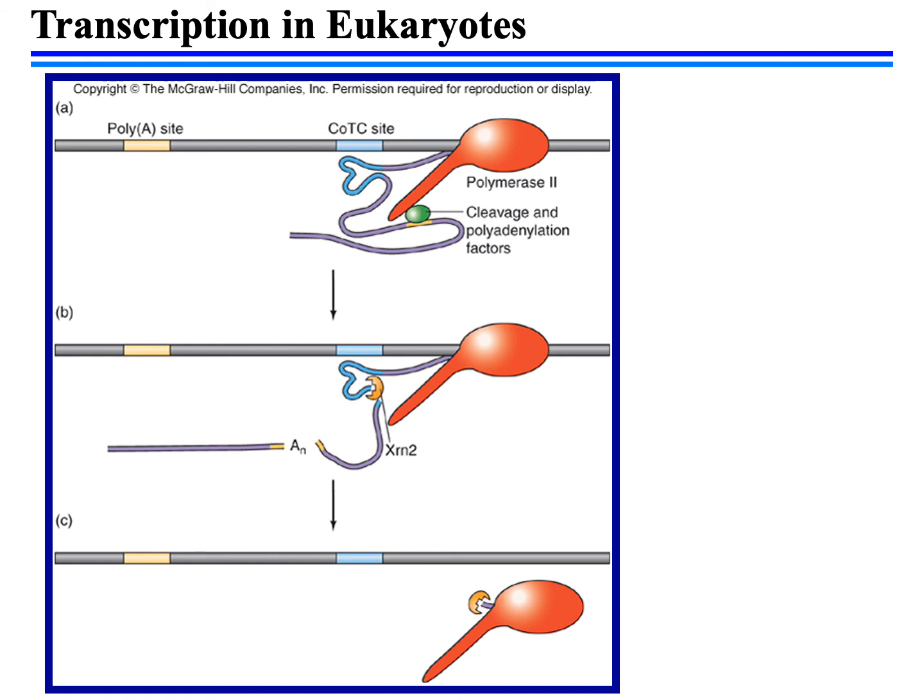In this figure, in panel A, you see the polyadenylation signal sequence in the gene. There's an additional signal sequence downstream of the poly-A site known as the COTC site. It is short for co-transcriptional cleavage site, and it too is a sequence element.